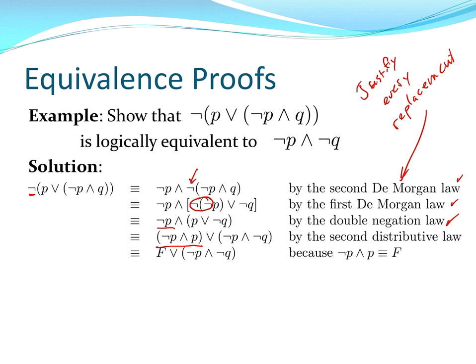And we also know that F or anything returns anything by the identity law. But there's a step here, and it's also in the book, that's kind of extraneous. All it does is switch these two arguments using the commutative law.